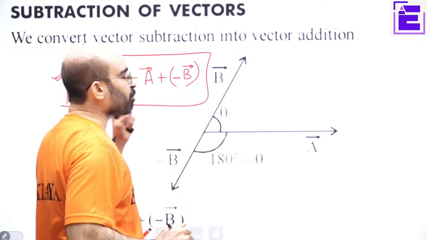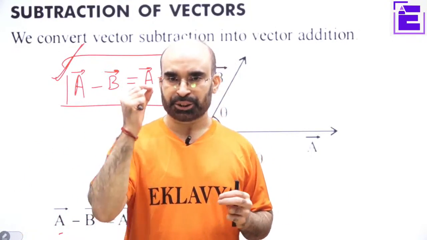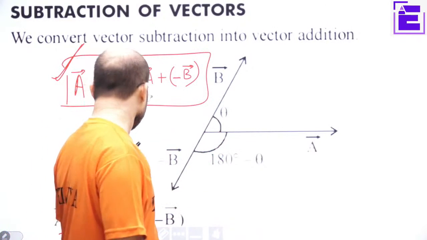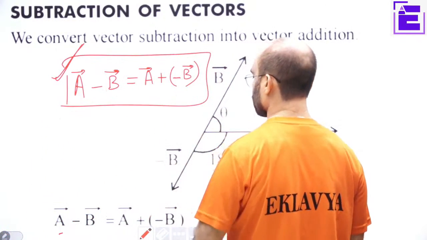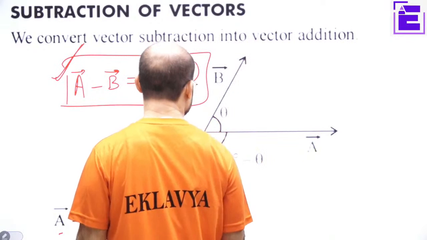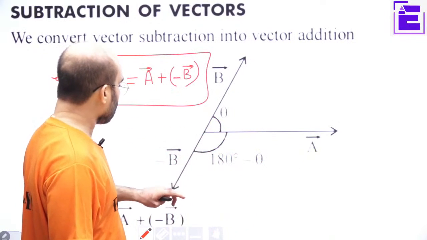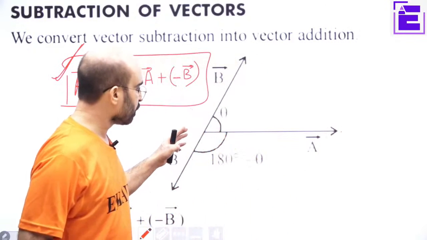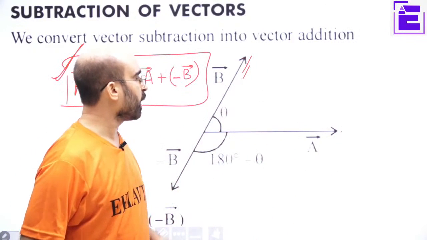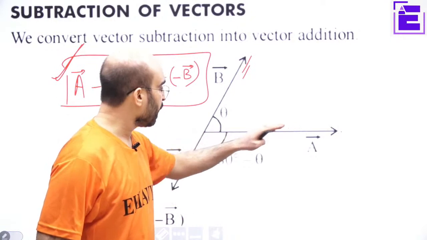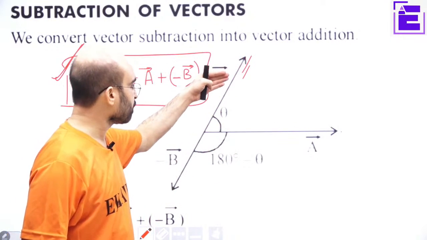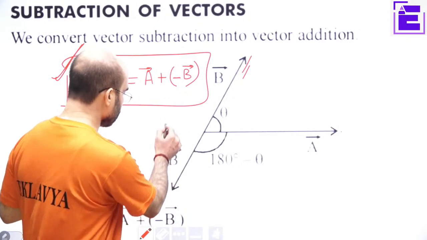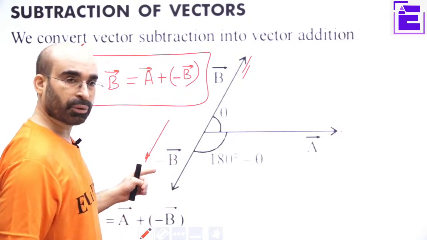Okay, we have the concept of addition of vectors, and based on that we may easily find out the concepts. So let us work it out. This is vector A and this is vector B. Now the negative of the vector would be here in this direction, right?